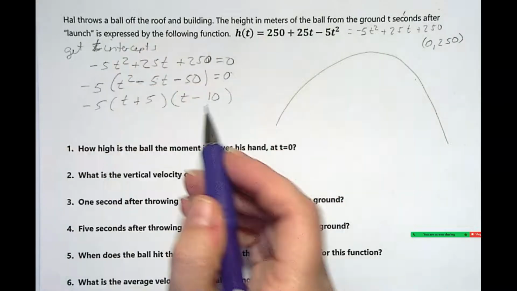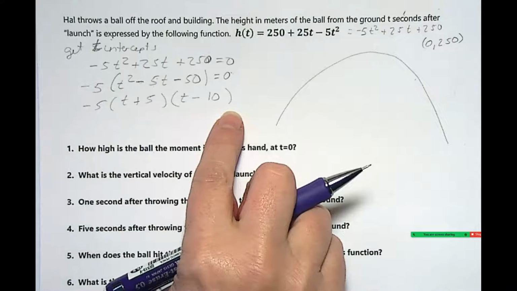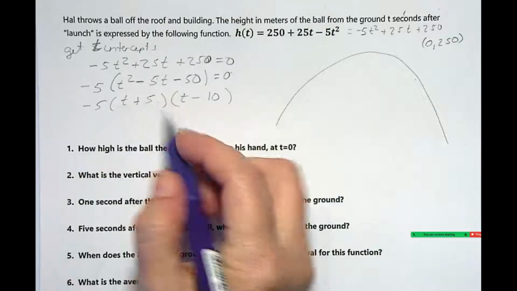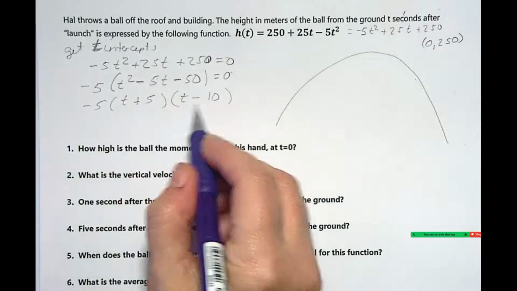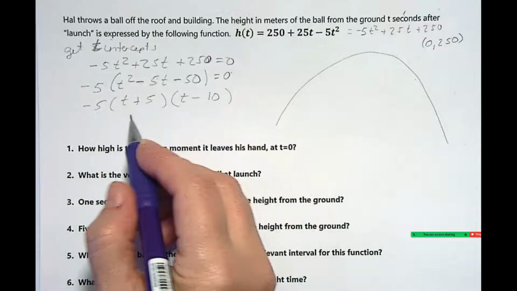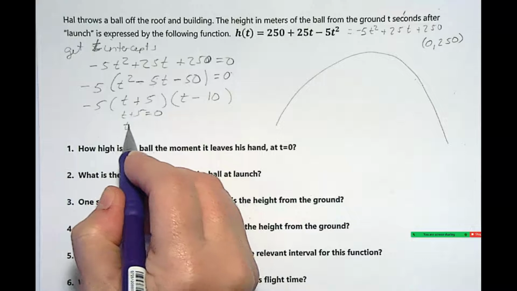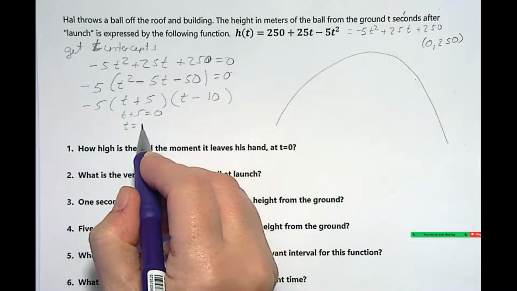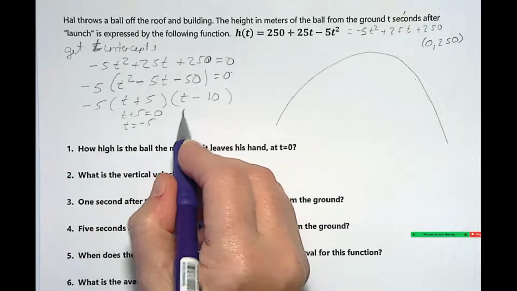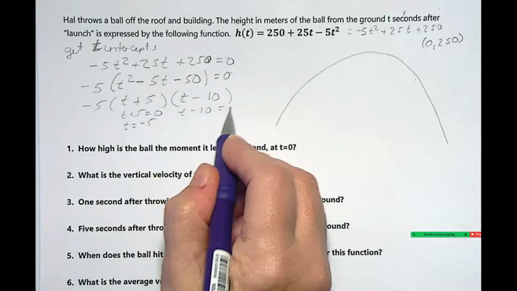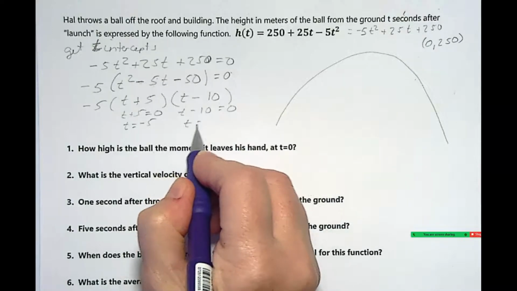We factored it, so either t plus 5 equals 0 or t minus 10 equals 0. If t plus 5 equals 0, then t equals negative 5. And if t minus 10 equals 0, then t equals 10.